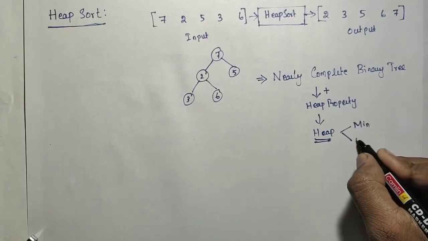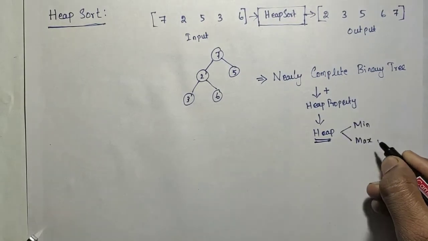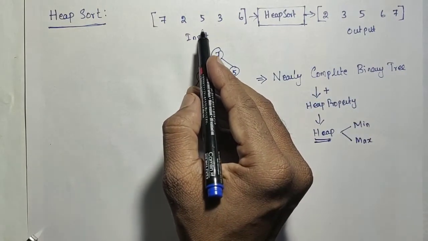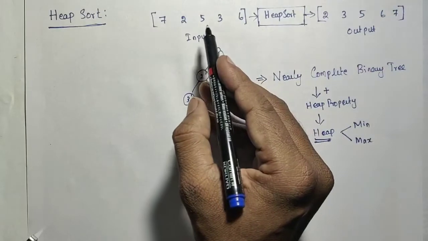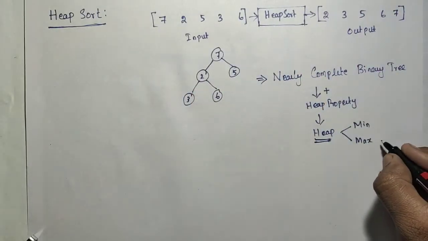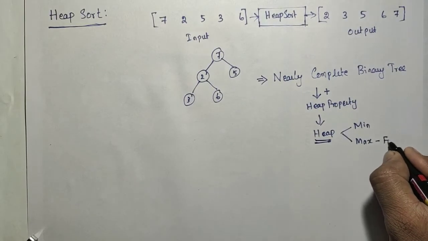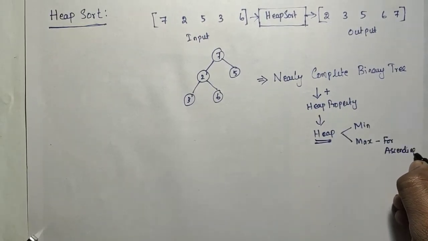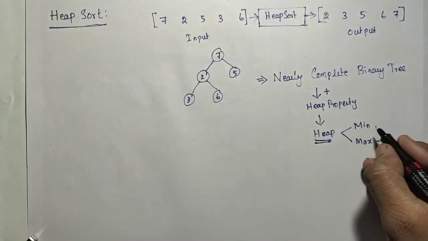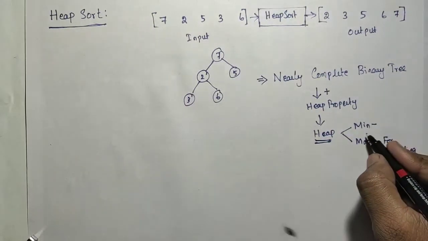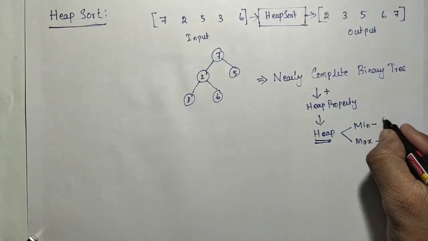If I want to sort the elements in ascending order, you go for the max heap. If I want to sort the elements in descending order, you should go for the min heap.